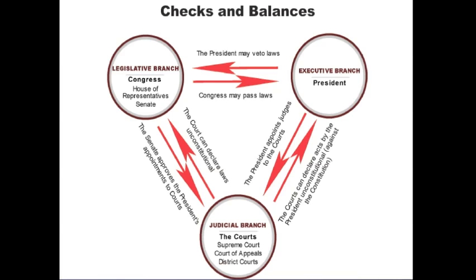However, the judicial branch, in return, the courts can declare acts by the President to be unconstitutional, like I just mentioned. Again, you'll see the same process between the Congress and the courts, where Congress would have to approve any of the presidential appointments through a confirmation process. At the same time, the courts can declare any laws made by Congress as unconstitutional. So everything I just explained, you can see here visually. It's the exact same thing.